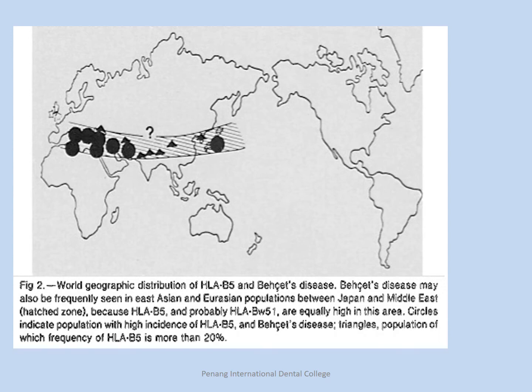This region is described as the Silk Route, and because it is commonly seen among this population, Behcet's disease is also called the Silk Route disease. HLA-B5 and HLA-BW51 are the cause for Behcet's disease.